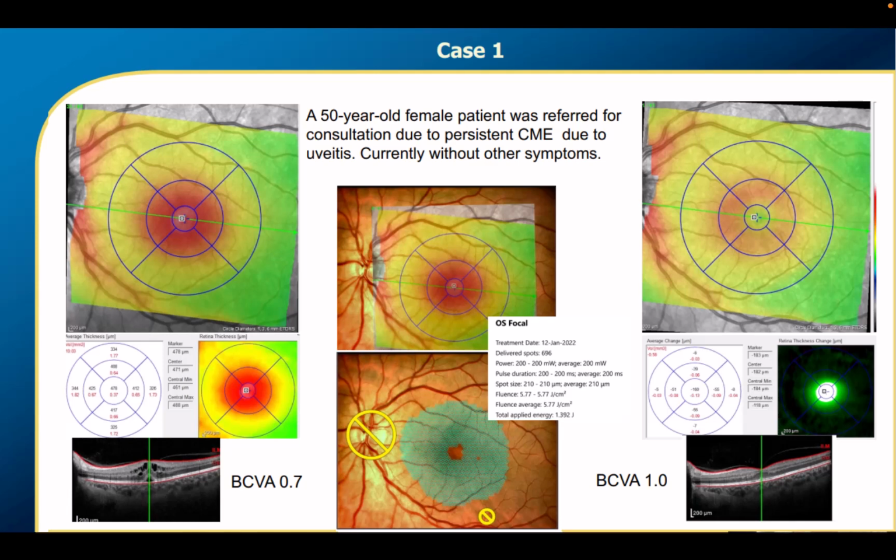Before microsecond pulse laser therapy, we can see significant macular edema and best corrected visual acuity 0.7. 696 spots were delivered using 200 milliwatts of laser power with a duration of 200 milliseconds at 5% duty cycle and a spot size of 210 micrometers. After 6 weeks, the macular edema subsided and visual acuity improved to 1.0 on Snellen charts.